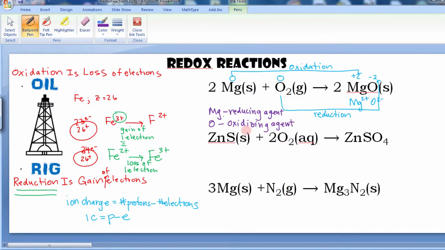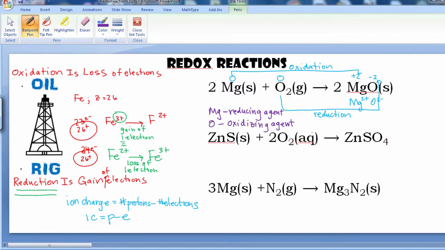Okay? So what this means is, since magnesium is the reducing agent, it gives up its electrons. Its electrons are taken by oxygen. It loses its electrons to oxygen. It is the reducing agent. Okay?